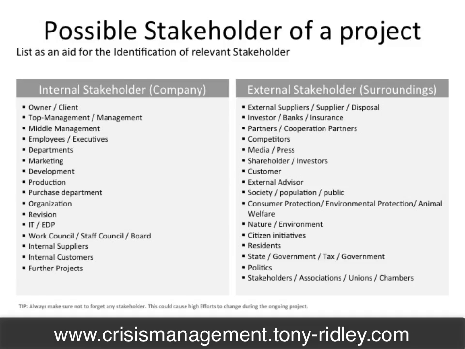So one of the first things that we need to do is identify internal and external. Some of the internal stakeholders that we may have vary from owners, executive management, middle management, front-end employees, client-facing elements, departments, production, procurement, IT, internal suppliers, and internal customers that we may service as a shared resource.